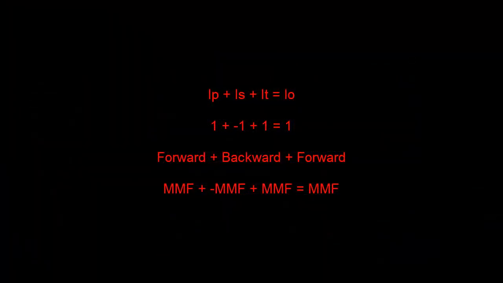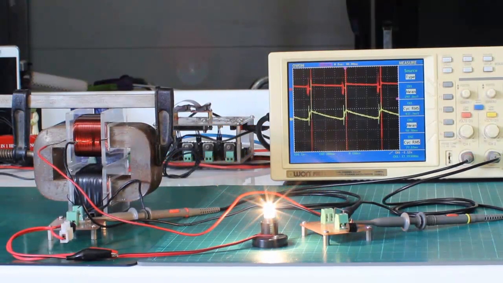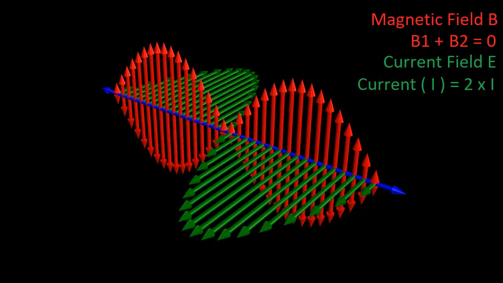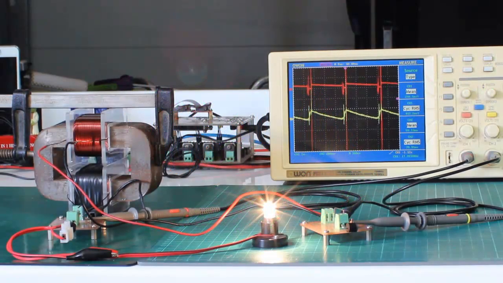So we're seeing one forward current, one backward current, and then one forward current again. So in the system we're seeing a 1, which is the forward current, plus -1, which is the negative current, plus 1, which is the forward current again, equals 1. So we have an overall gain in the system.